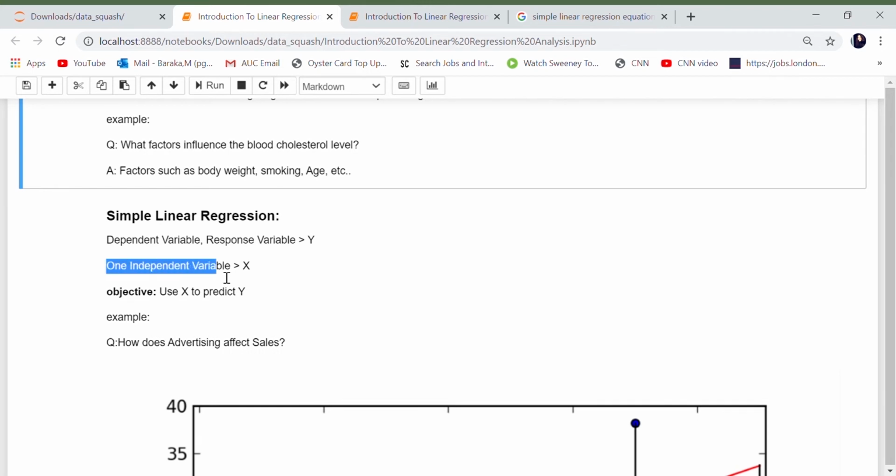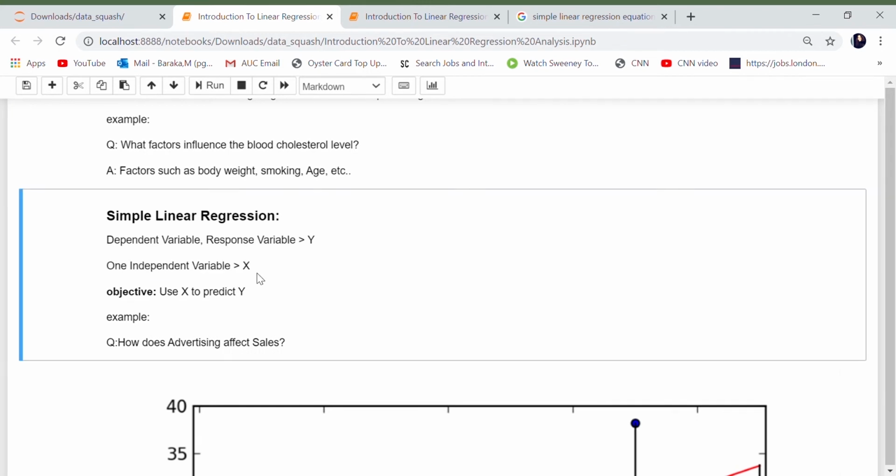On the other hand, there's one independent variable, and that's why it's called simple linear regression, because it's just one independent variable. In normal linear regression, there's more than one x, but in this case, it's just one x. And the independent variable is usually the variable that we use to find y. So the objective of simple linear regression is to use x to predict y.